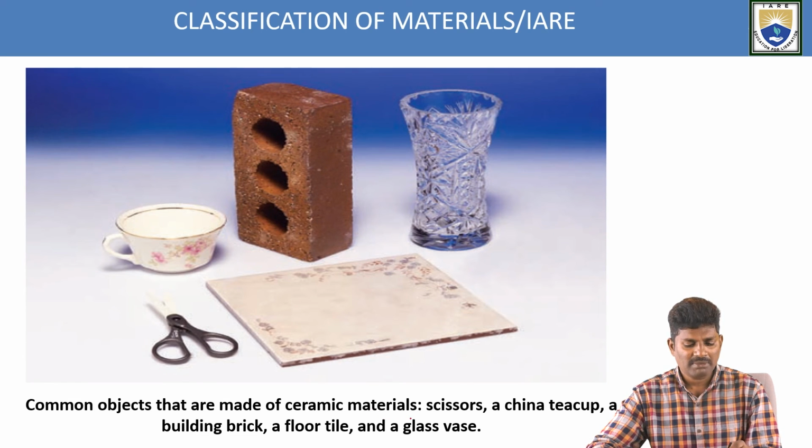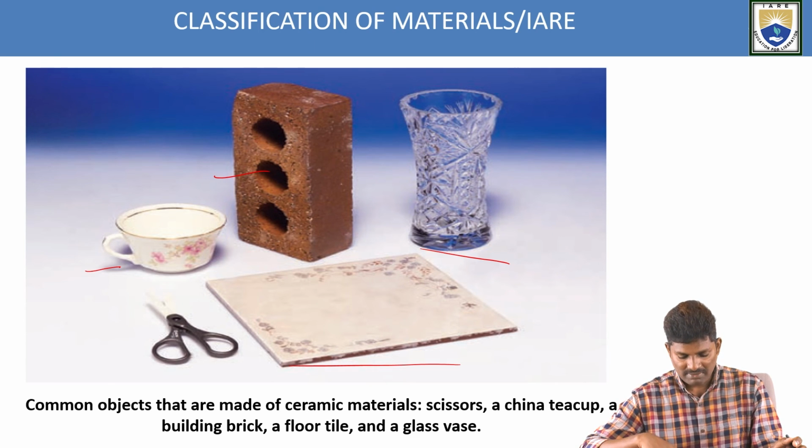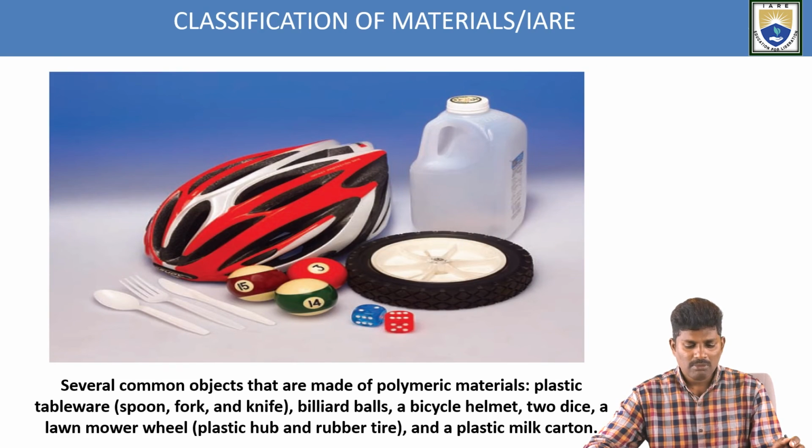So these are the ceramic materials. You can see the teacup, the brick, the tiles, the glass vase. These are some of the examples commonly used in our day-to-day life which are made up of ceramics. And coming to the polymers, some of the common objects which are made up of polymers are plastic tableware, such as the spoon, fork and knife, billiard balls, and the bicycle helmet.